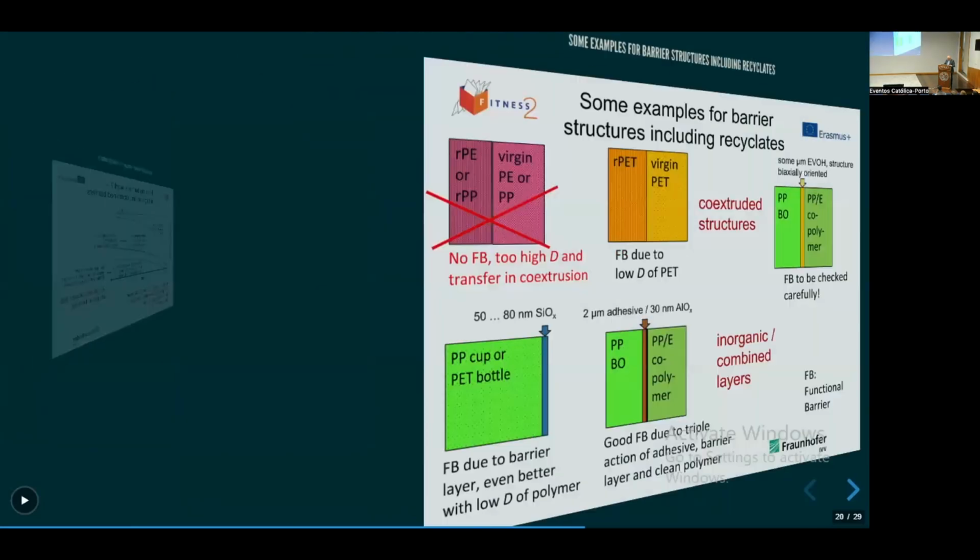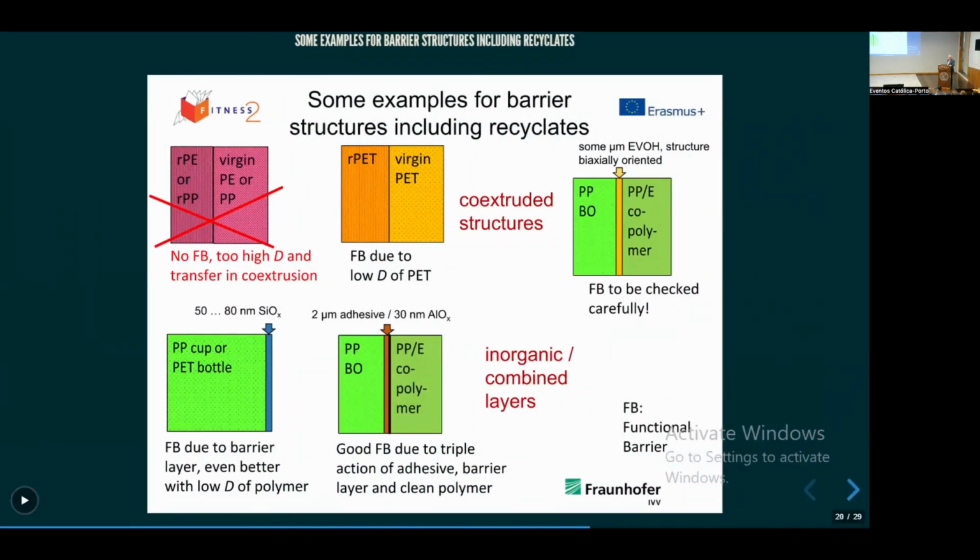Okay, so some realistic examples. This is not a functional barrier. If you just cover a high diffusive polymer with a virgin layer, this will be contaminated in the moment when you extrude it, and later on the diffusion coefficient of this material is simply too high to protect the food.